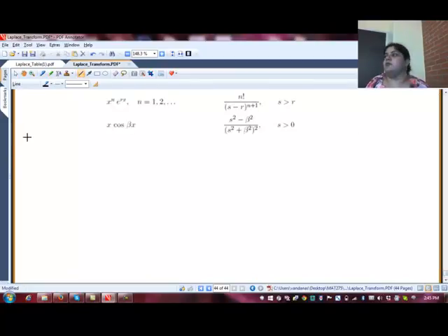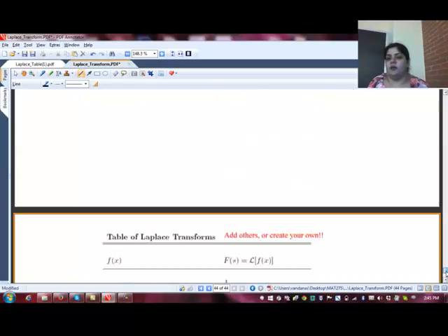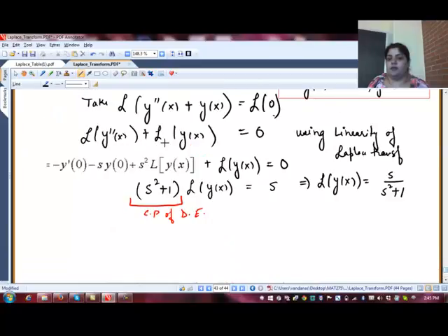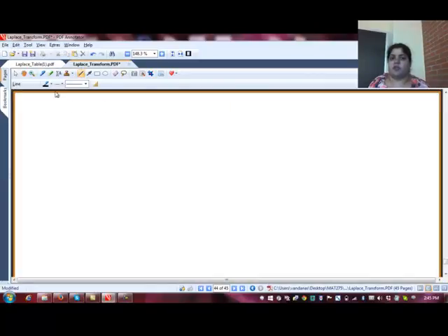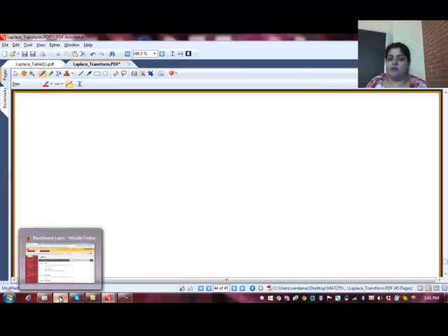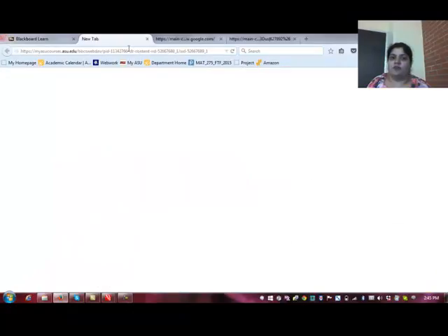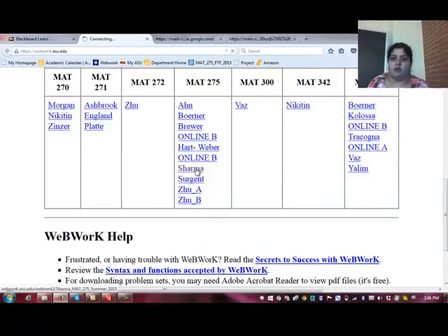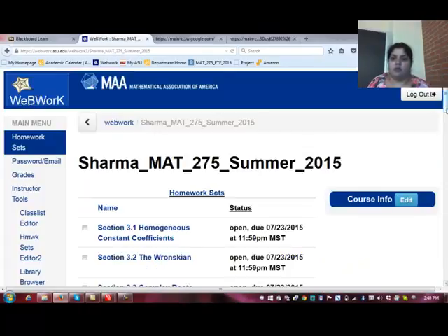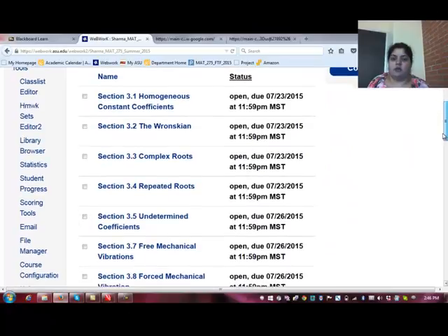We will not be finding the solution because for that we have to invert it, but just the Laplace transform of the solution. Okay, so these are similar problems to what you have in the WebWork.